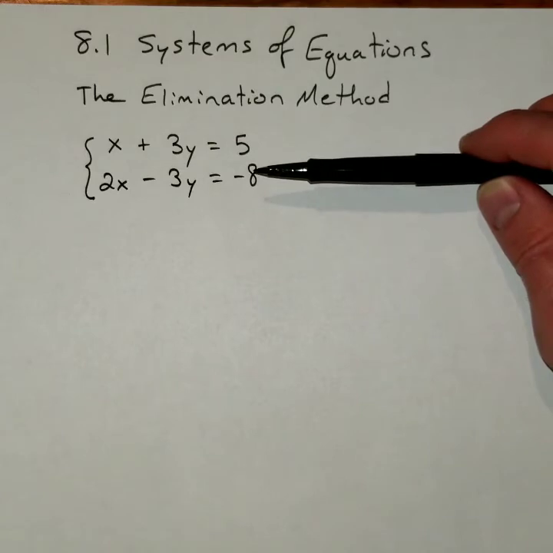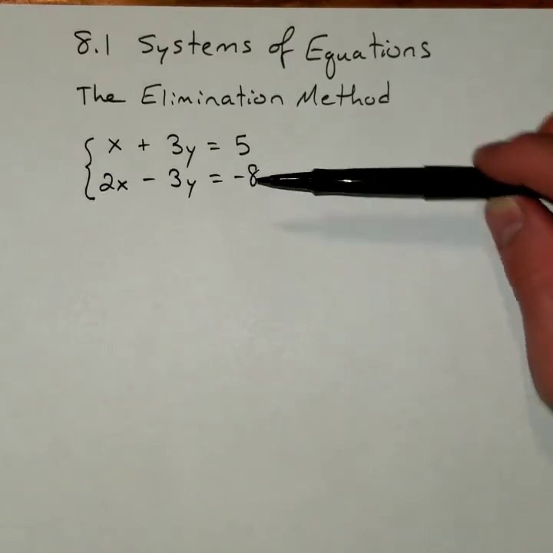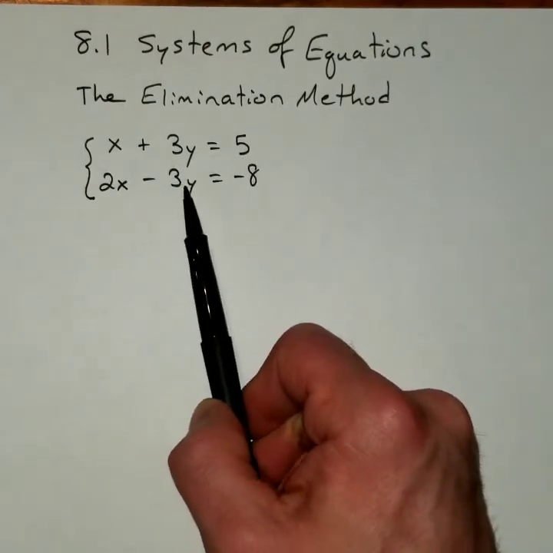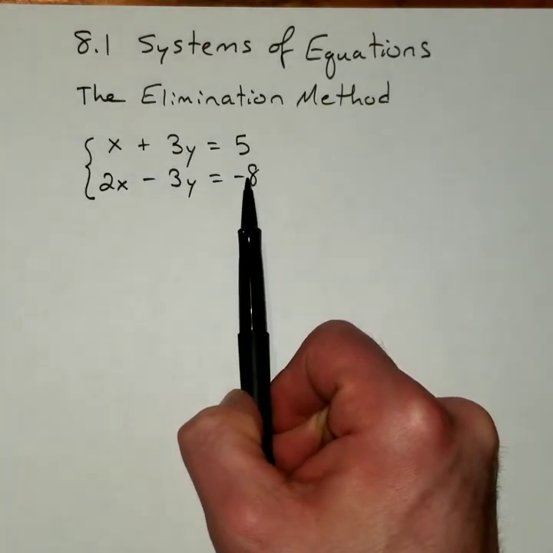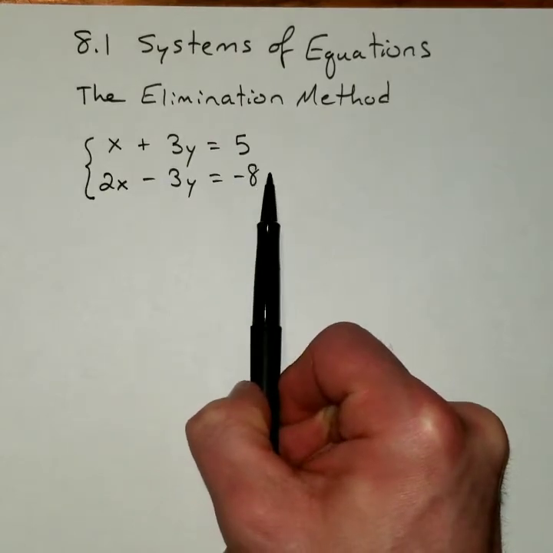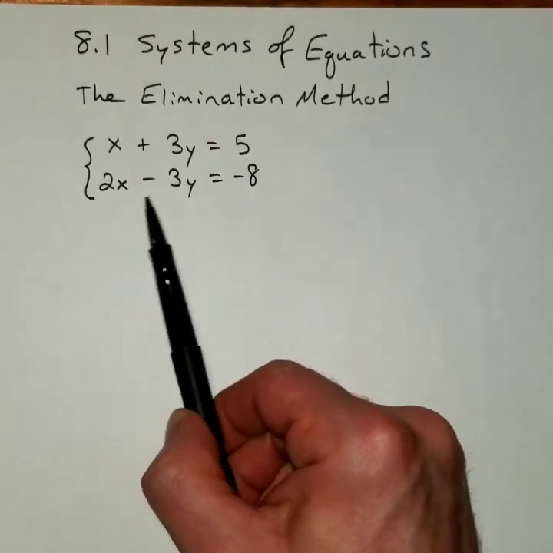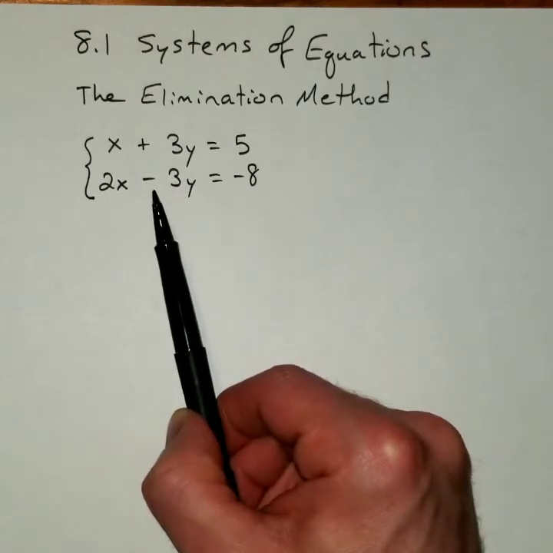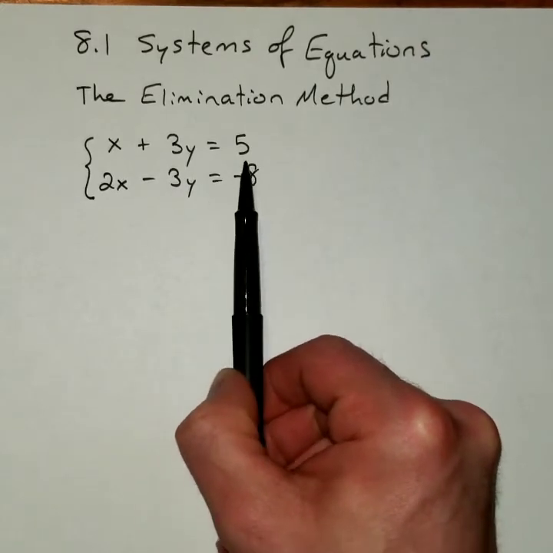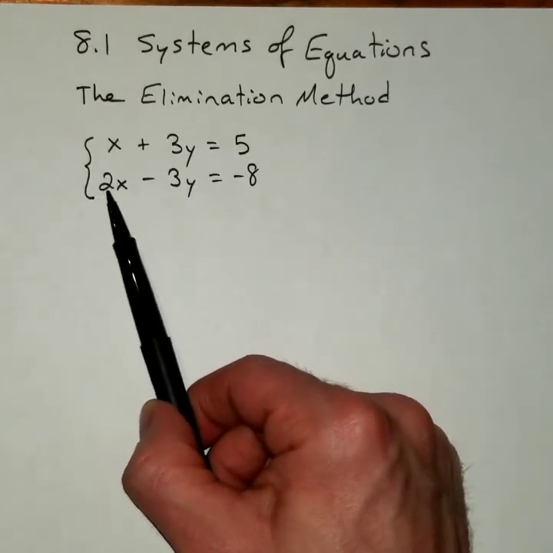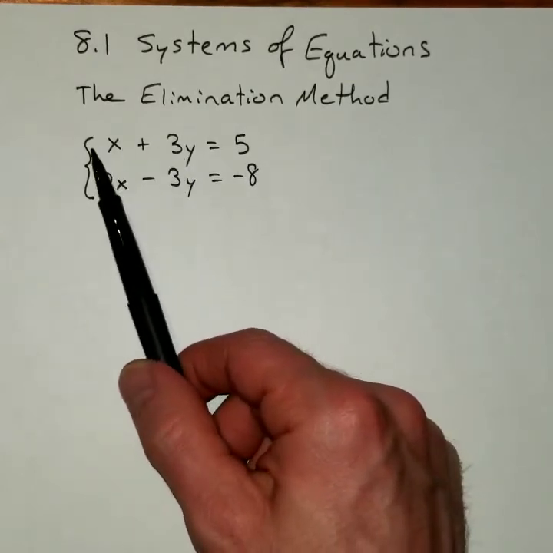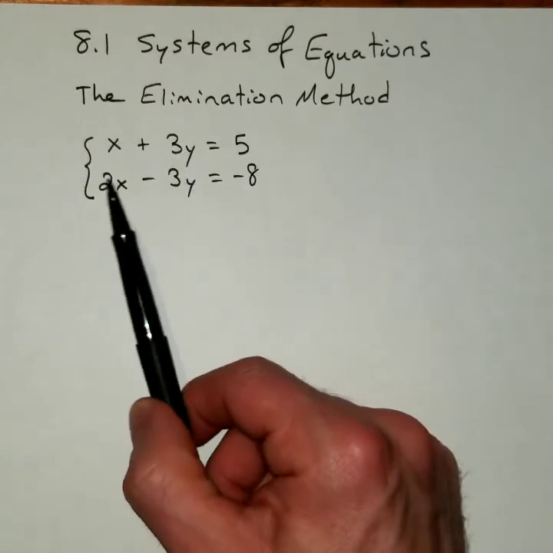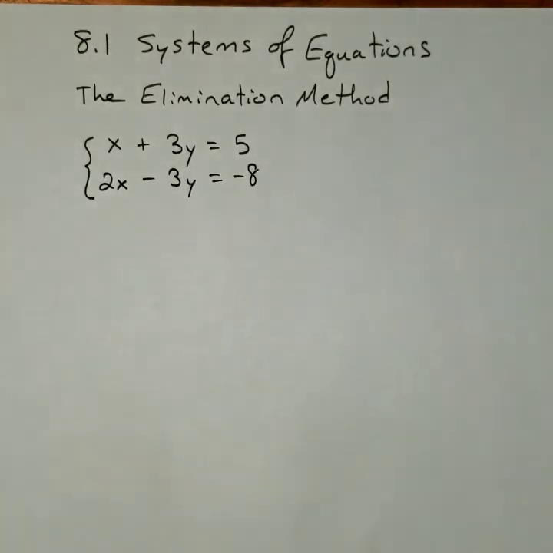Obviously there's a -8 below the right side, but this stuff on the left side, 2x minus 3y, is equal to -8, and so essentially I'm adding -8 on the right and -8 on the left, because the stuff on the left is equal to -8. They're the same. So if I add the -8 to the 5 and add all this stuff to the terms above, then I'm essentially adding -8 to both sides of this equation.